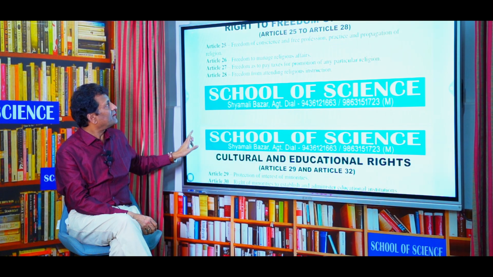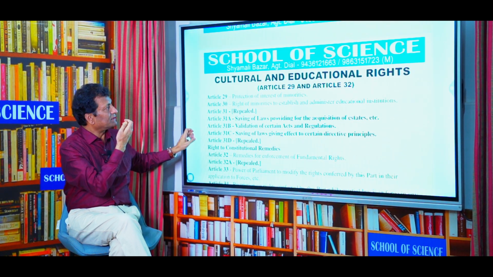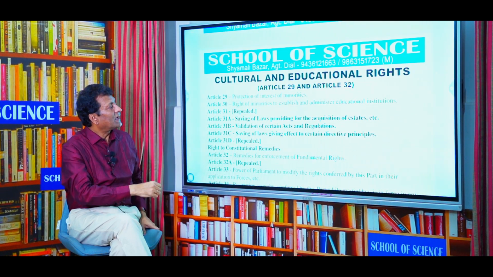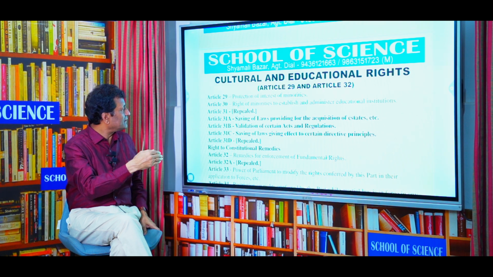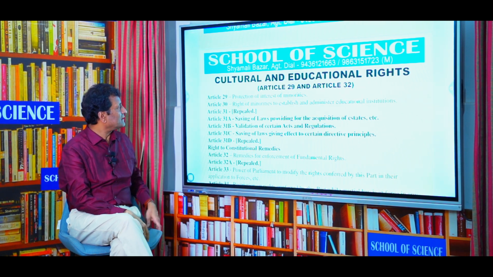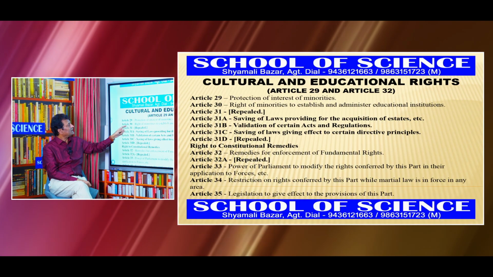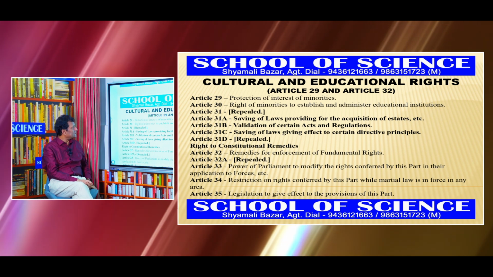Then we have Article 29 to Article 32. Articles 29, 30, 31: we have seen one article been abrogated, Article 31 been repealed. So what is Article 29? Protection of interest of minorities.